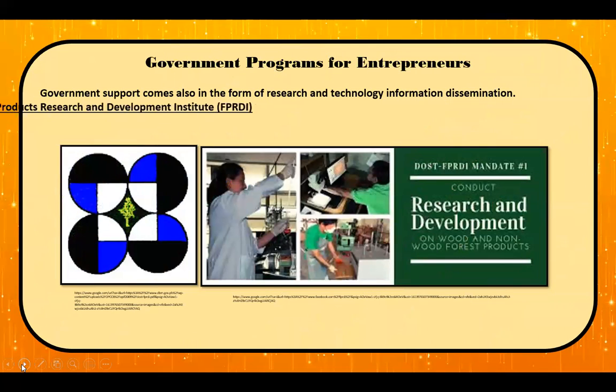Next, we have the Forest Products Research and Development Institute, or FPRDI. So it is in charge of conducting forest products research and development, providing technical services, and conducting non-formal training courses, seminars, and symposia on specialized areas of forest products processing or utilization technologies.